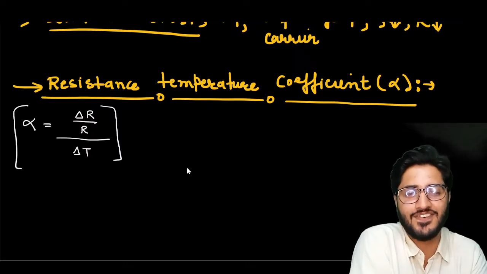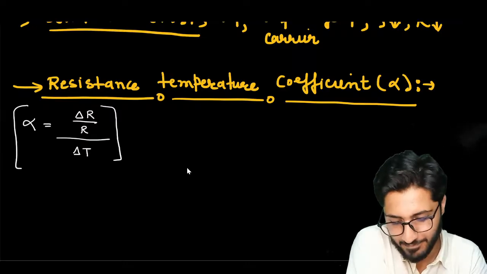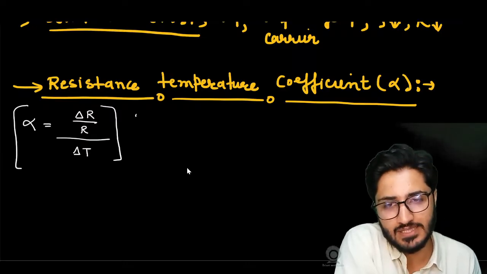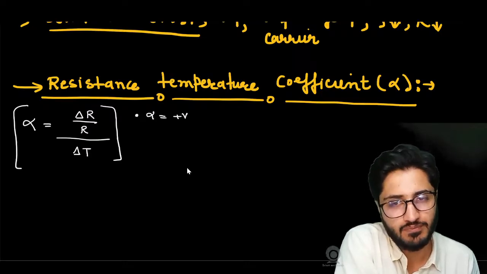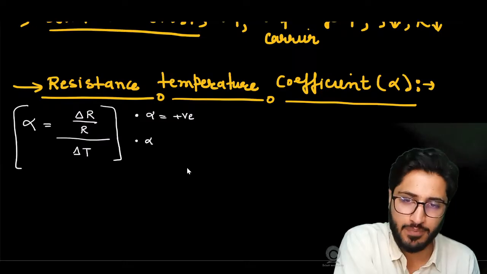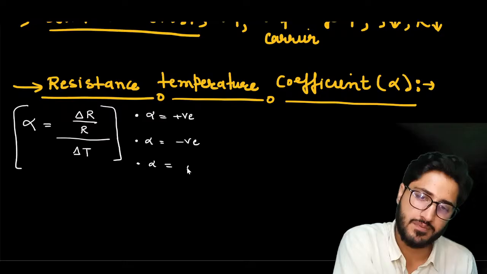So is it alpha equals delta R by R whole divided by delta T? Now here we will discuss some points. Alpha could be positive, alpha could be negative, alpha could be 0.